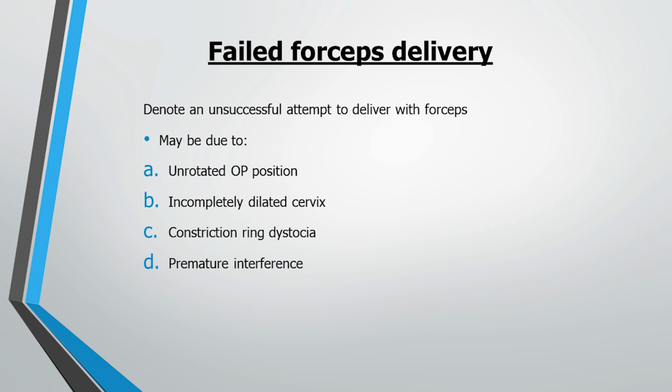After 2 or 3 applications, do not continue with that application any longer, because the failure to deliver that fetus with forceps may be due to unrotated occipito-posterior position, incompletely dilated cervix, constriction ring dystocia involving the cervix, and premature interference. So these 4 may be responsible for the failure of forceps delivery.